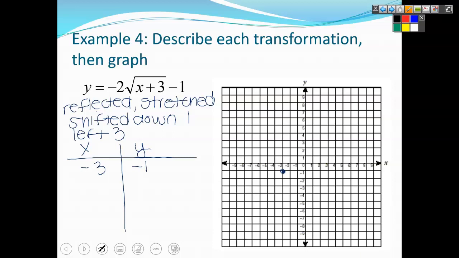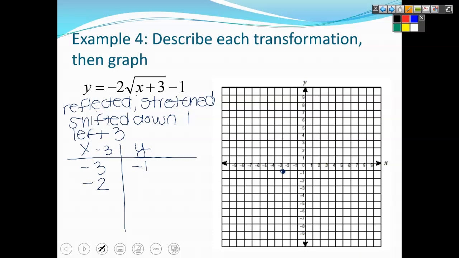So 0 makes negative 3 makes 0. The next perfect square is 1. So what x value could you pick to create a 1? The answer would be negative 2. Again, if we did the 0, 1, 4, 9, that x minus 3 would get you there.